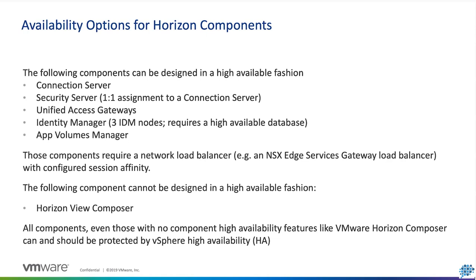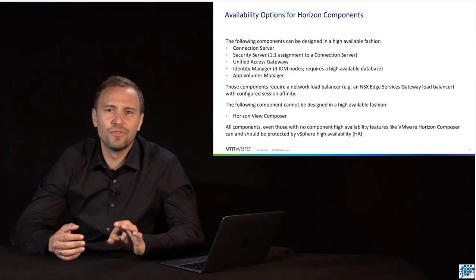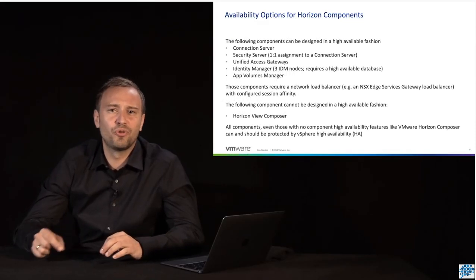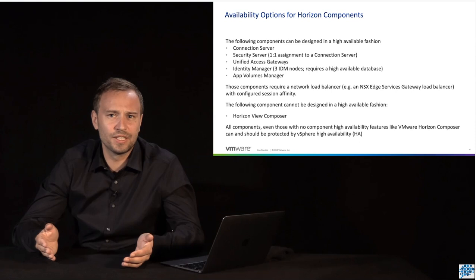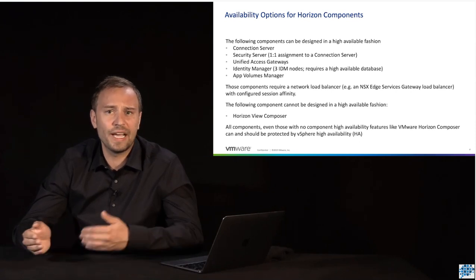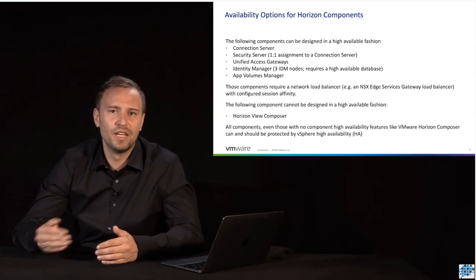We can scale out, for availability reasons, the Unified Access Gateway, the Identity Manager, and the App Volumes Manager to enhance the availability of our components. Important: all of those components require a third-party load balancer or an NSX-based load balancer in front of them.